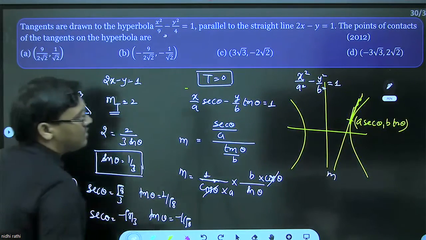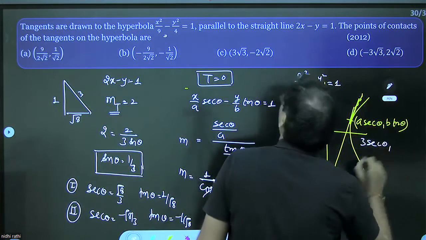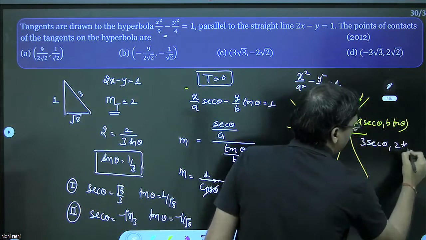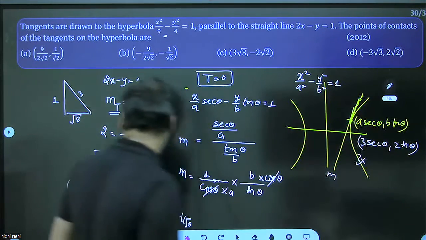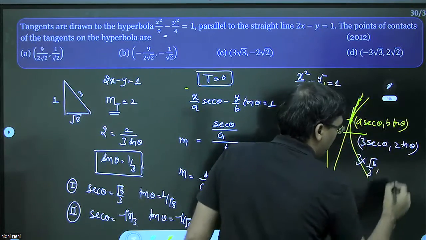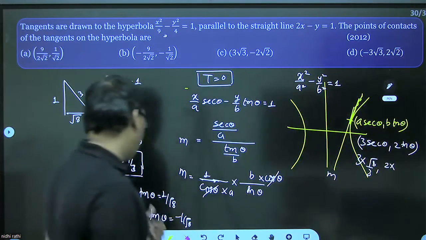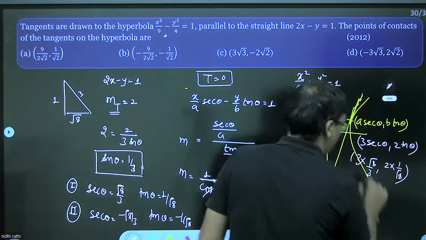So what is the value of A? This is 3 sec theta, comma, what is the value of B? 2 tan theta. Now we have to put the value. This is 3 sec theta. What is sec theta? Root 8 by 3. And what is tan theta? Tan theta is equal to 1 by root 8. Okay.